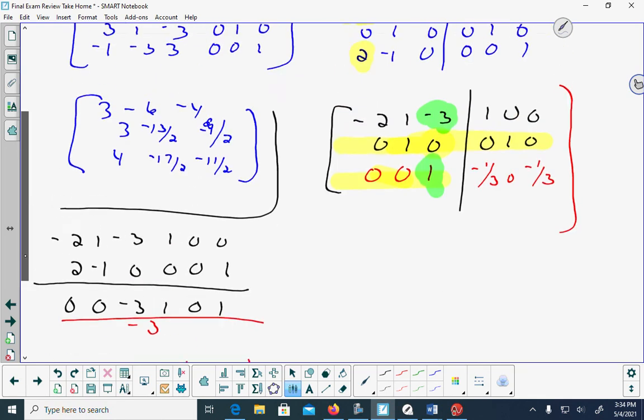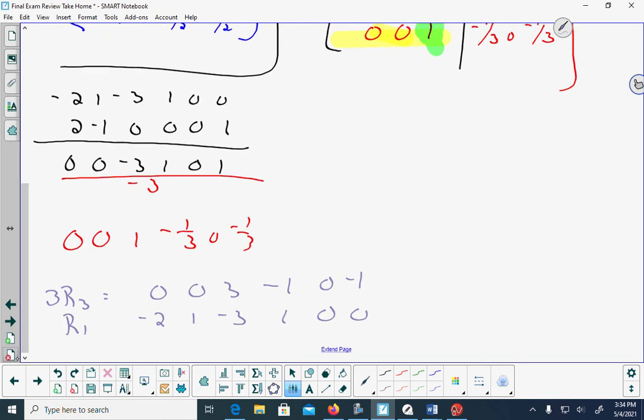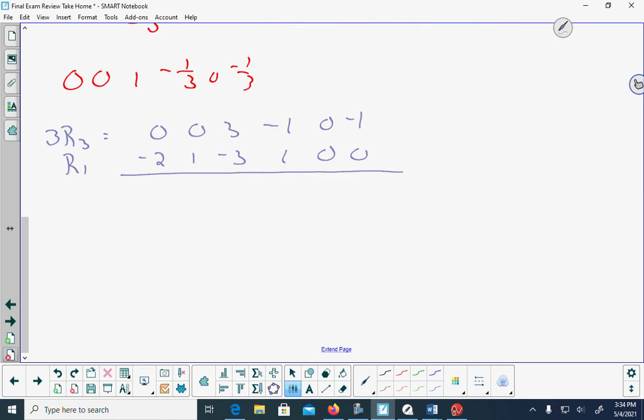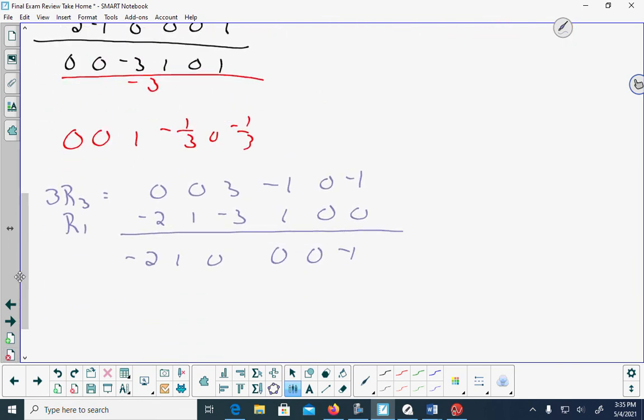And then row 1 is going to be negative 2, 1, negative 3, 1, 0, 0. And when I add these, I'm going to have negative 2, 1, 0, 0, 0, negative 1. So I'm going to just write this matrix down here.